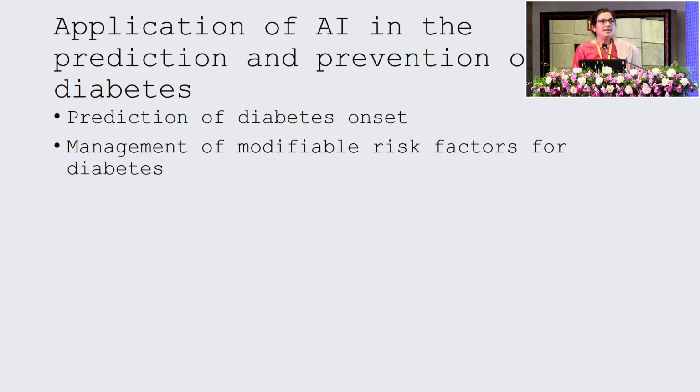So broadly speaking, where can we use AI? We can use AI in the prediction and prevention of diabetes per se. I'm not talking about complications. So how do we look at prediction of diabetes? Now, in this room, we have authors who have given us risk scores for diabetes management and who are co-authors on several papers.